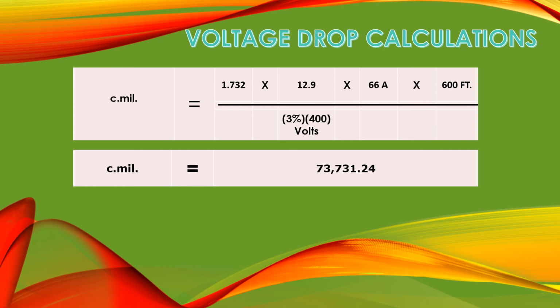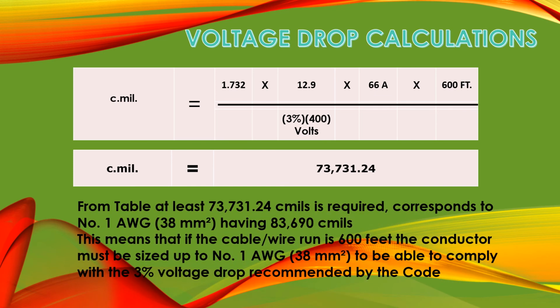So what does this mean? How are we going to determine the size of the conductor? From the table, the properties of conductors which I've shown, at least 73,731.24 circular mils is required. So we have to look for a circular mils value which is greater than this. If we have exactly the same or greater than this, the next one is lower than this, so we cannot use that one.